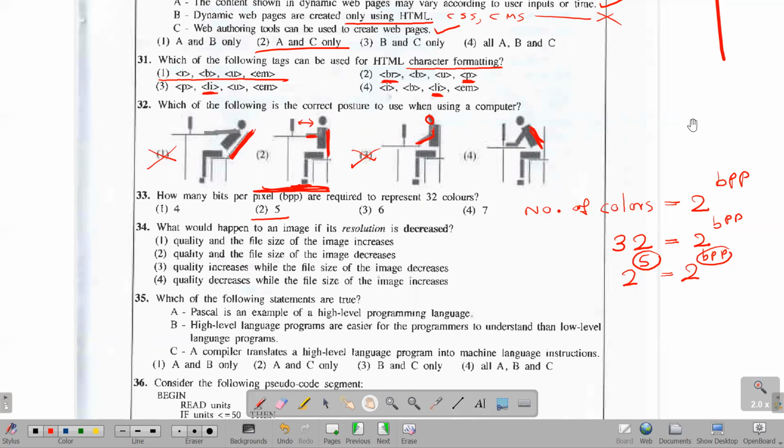So the option saying quality and file size of the image increases is wrong. Quality and file size of the image decreases, of course, it decreases. Quality increases while the file size decreases, no, it's not going to happen like that. And quality increases while the file size increases, again, it's not going to happen. So for the 34th, it's the second answer. Okay.